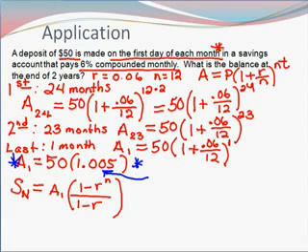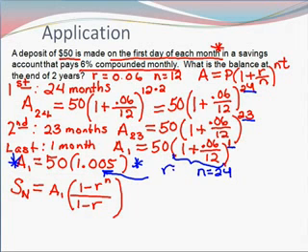because if you compare 23, 24, we're going down to 1, so each time we're multiplying by r. And the number of times we're doing that is 24.